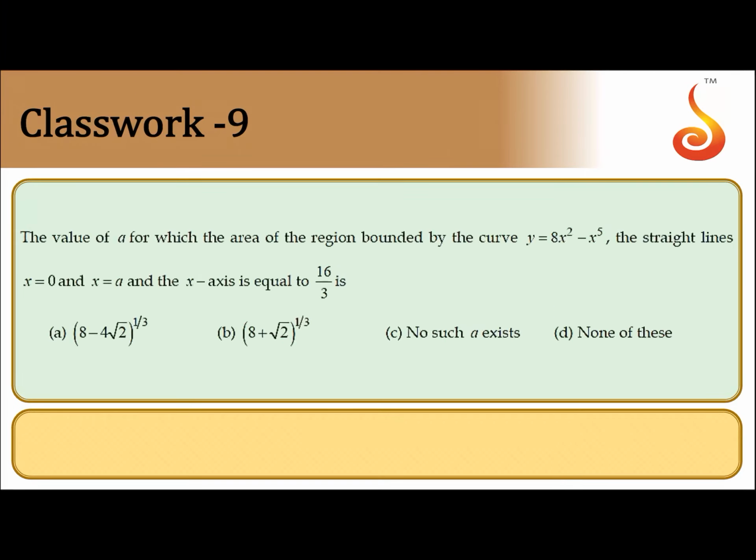Coming to the next one, the value of A for which the area of the region bounded by the curve and the straight lines x equals 0 to A and the x-axis is given by... x equals 0, passing through the origin, x equals A, assuming A is positive. So the curve is y equals 8x squared minus x to the power of 5.